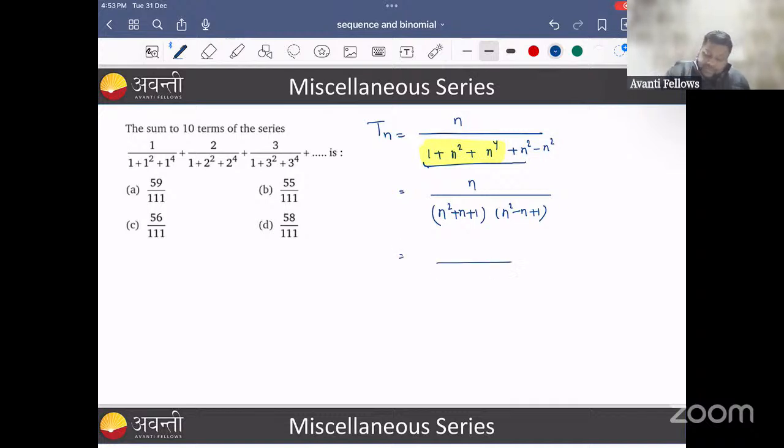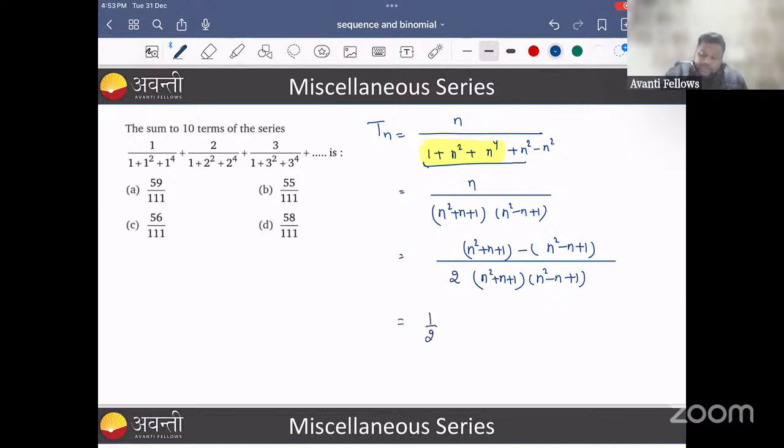Now it can be written as n upon n square plus n plus 1, n square minus n plus 1, and create the difference in the numerator. That is n square plus n plus 1 minus n square minus n plus 1. Now the numerator is 2n. Basically you multiplied the numerator by 2, so divide by 2 also.